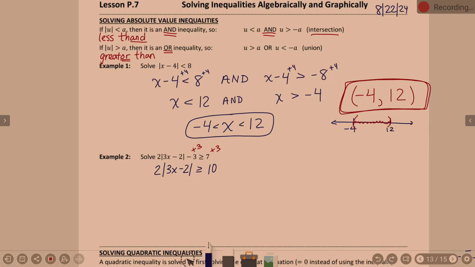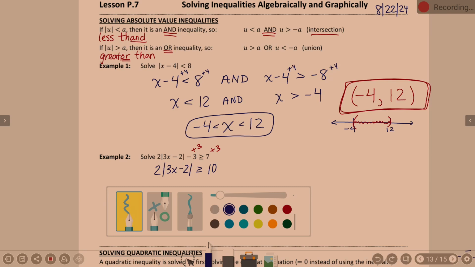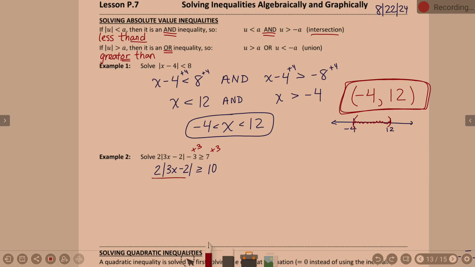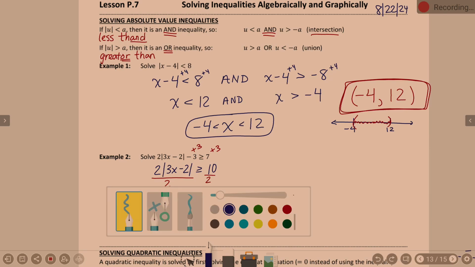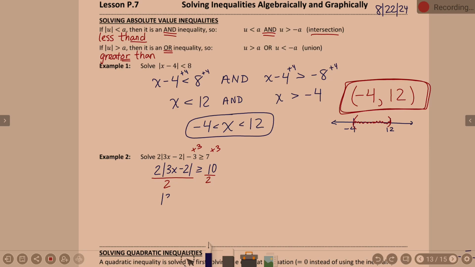And side note, we traditionally don't distribute into absolute value. It's not that you can't, we just traditionally don't. And then the other step was to divide by 2. So absolute value of 3x minus 2 is greater than or equal to 5.